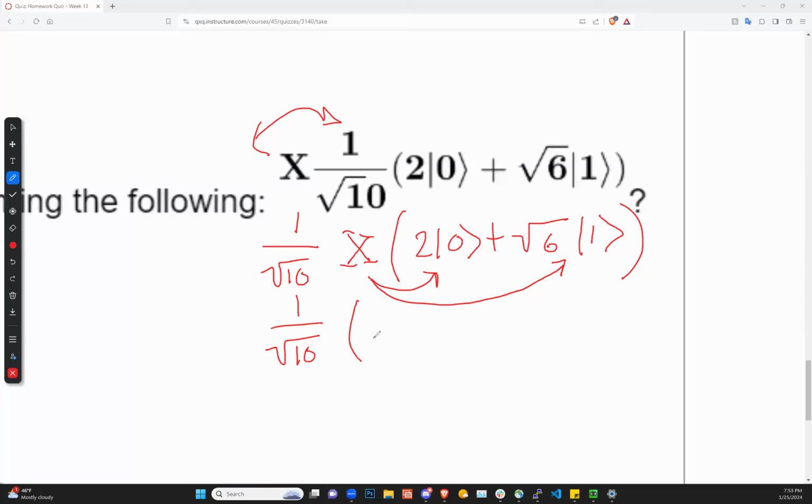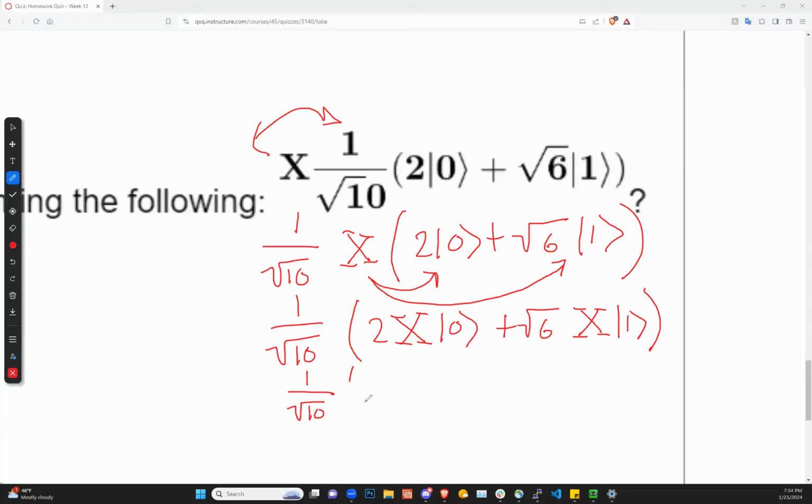And I'm going to switch the x and the 2. So it's going to be 2 times the x gate applied to the 0 state plus square root of 6 times the x gate applied to the 1 state. And now we can just use what we know about the x gate, that it sends the 0 state to the 1 state and the 1 state back to the 0 state.